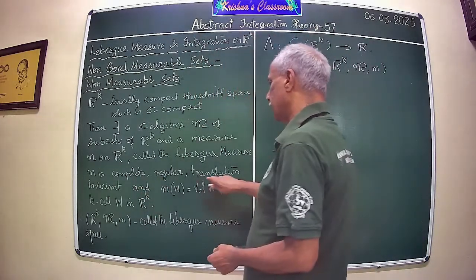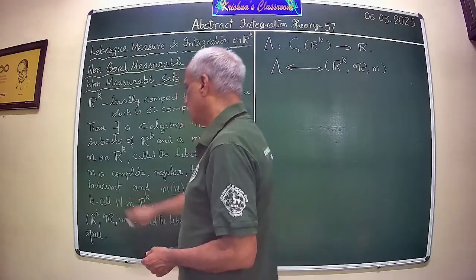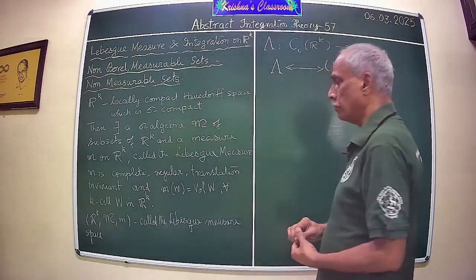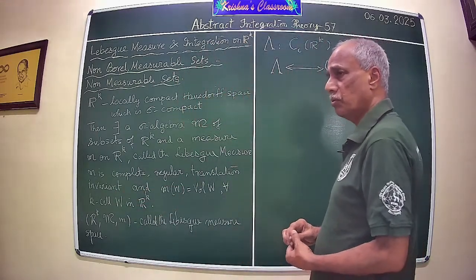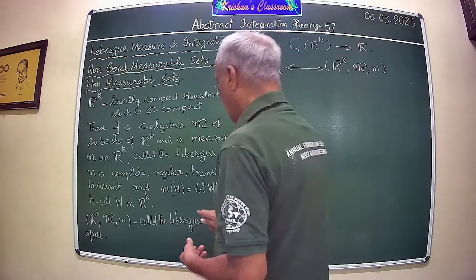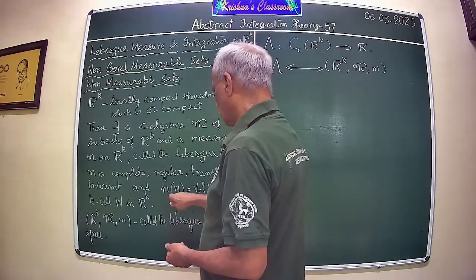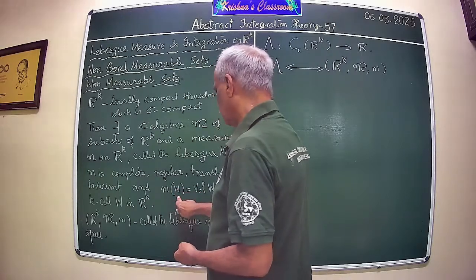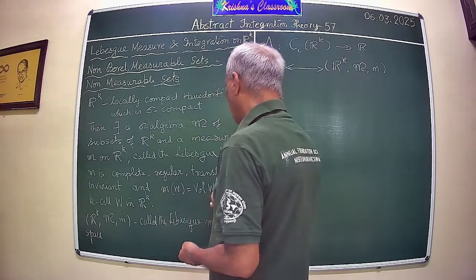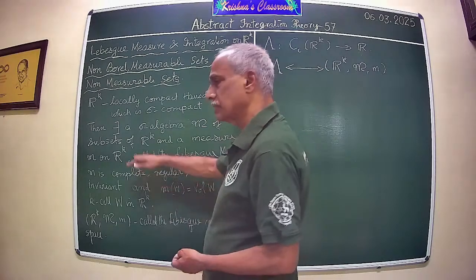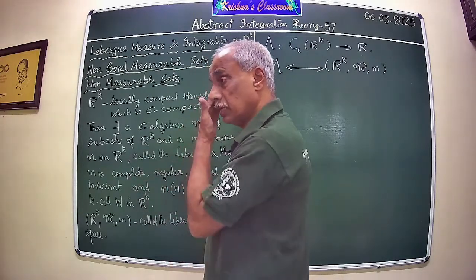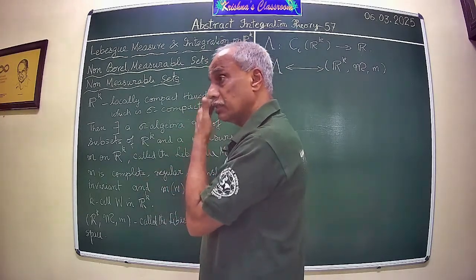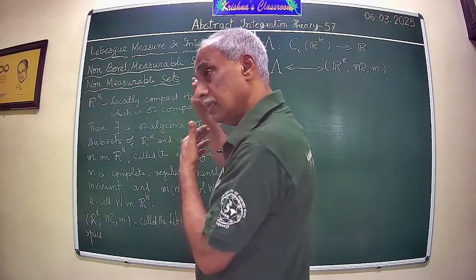Apart from that, it is translation invariant. That means m of E plus x equals m of E, and the measure of any K-cell is equal to the volume of W. Now these conditions do fix it up and allow us to call it the Lebesgue measure.